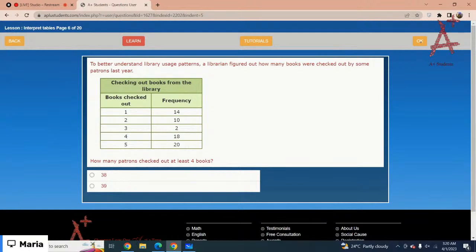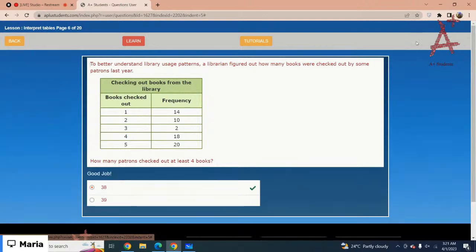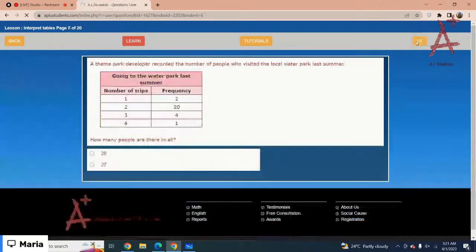So start adding 4 and 5. For 4, the frequency is 18, and for 5, the frequency is 20. So 20 plus 18 is 38. Got it? So the correct option is 38. So just select the correct option and click on the OK button.